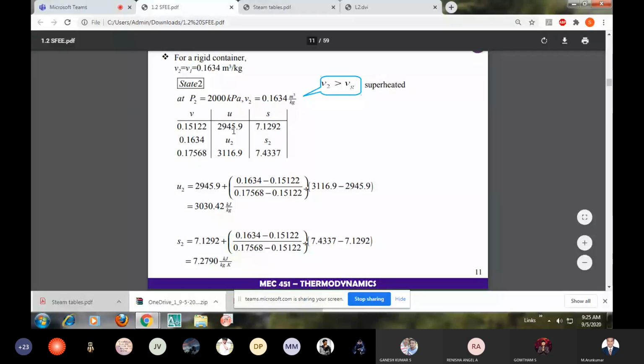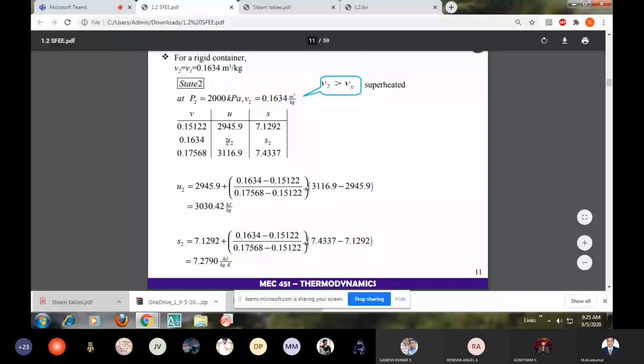There is a specific entropy, a specific enthalpy, and a specific internal energy available. But for the specific volume of 0.1634, we don't have the values in the table. But for the next value, 0.17568, we can have the values in the table.